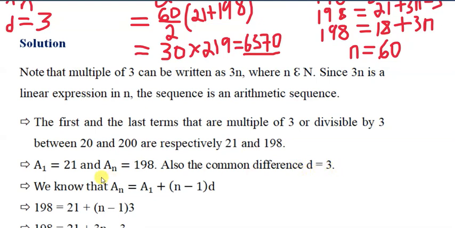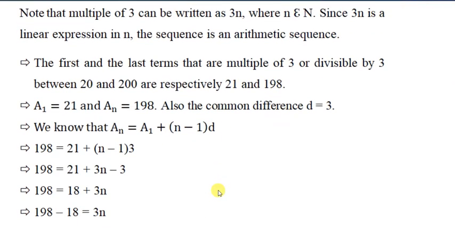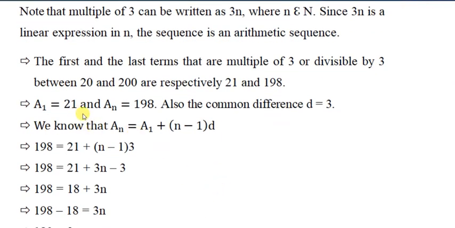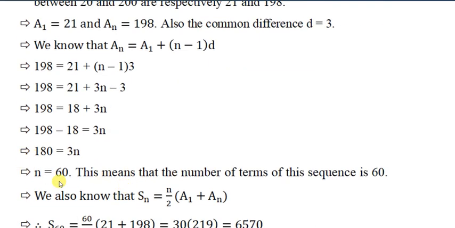Moreover, we know that an is equal to a1 plus n minus 1 times d, and therefore replace all the variables by the given numbers except n, which we don't know, and then solve for n, and our n is equal to 60. Therefore we have 60 terms that are multiples of 3 between 20 and 200.